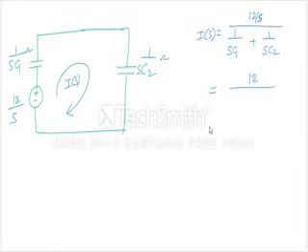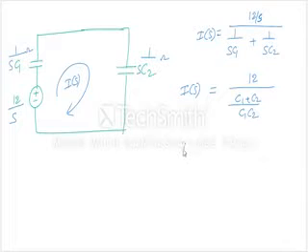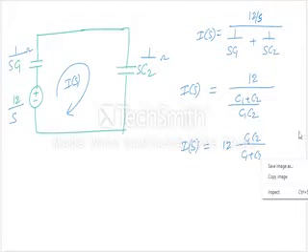What do I get? 12 by, s cancels, C1 C2 by C1 plus C2. So I of s is 12 C1 C2 by C1 plus C2.